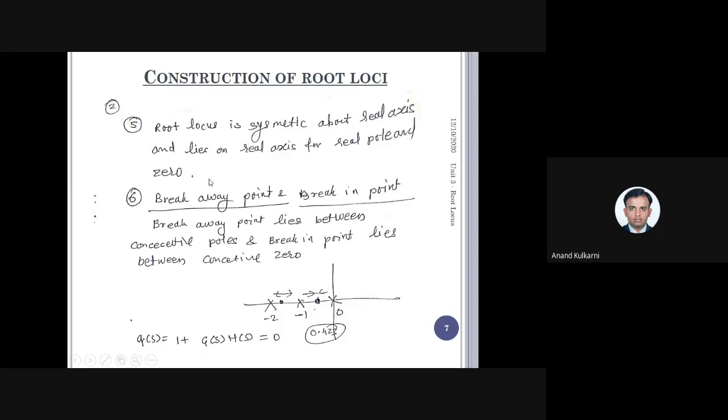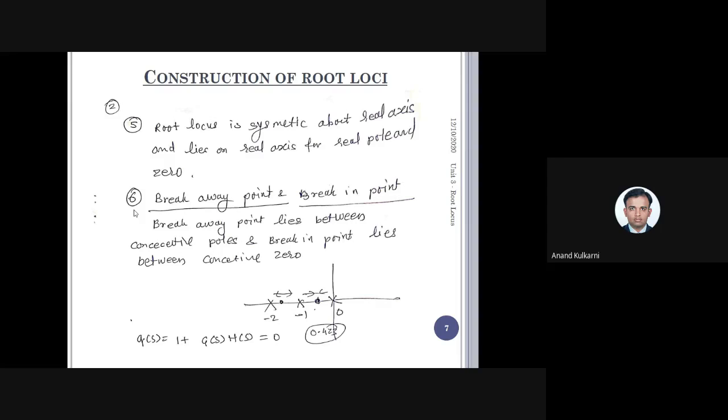And the root locus on the real axis lies when there are poles or zeros on the real axis. Then the root locus will lie on the real axis. Okay, fine. Then the next one is what is known as the breakaway point or break-in point.